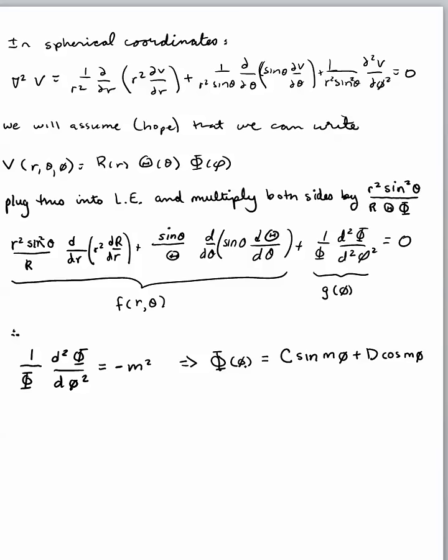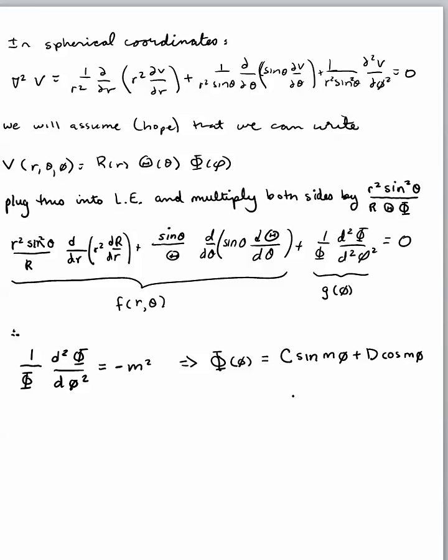And so the potential, at least the phi dependence, has to come back onto itself over a period of 2 pi. So you fully expect it to be a sinusoid. We also know that m has to be an integer, so that phi is a single valued, periodic function of phi.